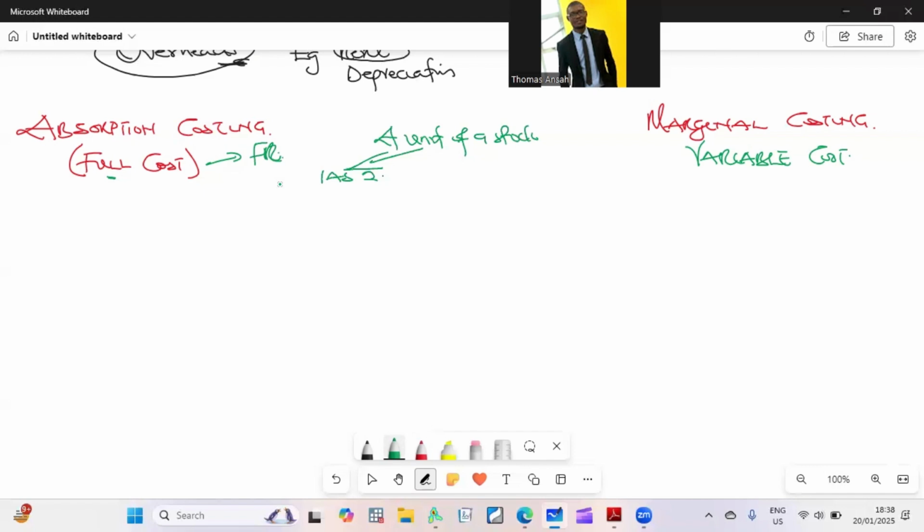So what does it mean? They are saying that if we want the full cost of something, then it means we are going to absorb the overhead into it. That's why we call it absorption, overhead absorption. But before we go into that, I'm going to give you a template we used to do absorption costing, the format, and I'll explain it. Then we solve past questions with that.